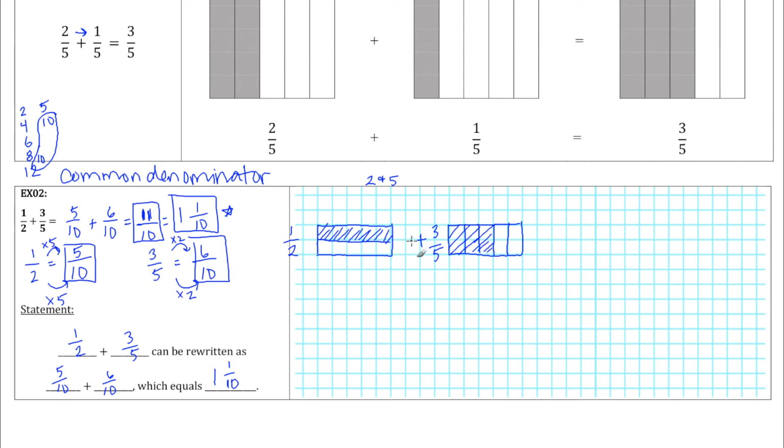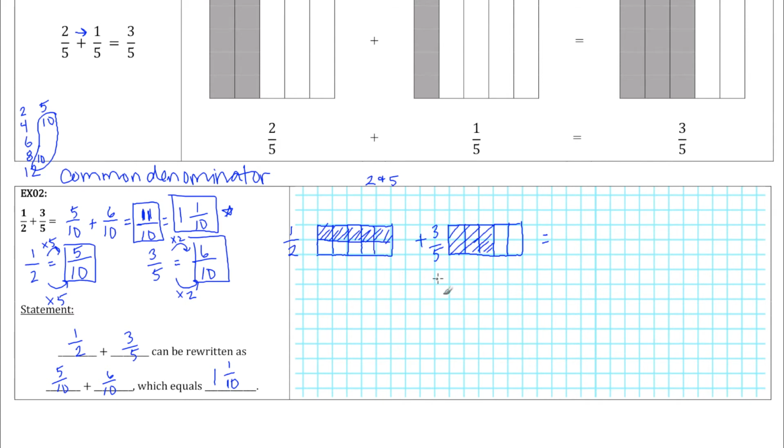The question is, how do I get 11/10? Well, if you drew it like I told you to, which is 2 by 5, 2 by 5, then I'm going to have all these lines in the middle. You see the lighter blue ones? Well, I can just split these.